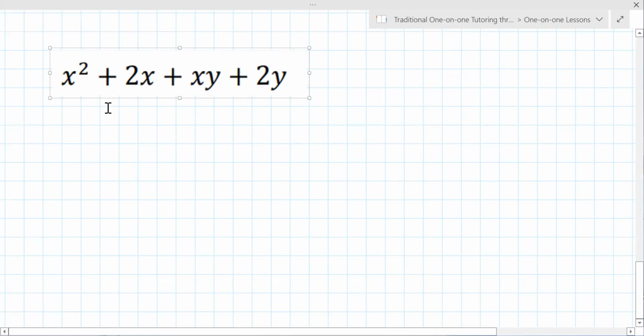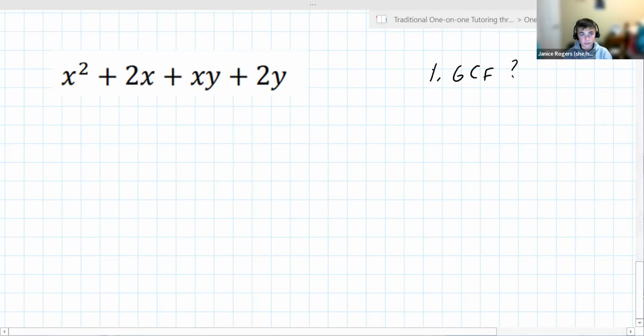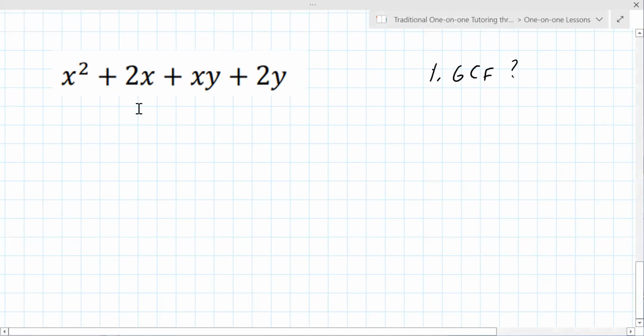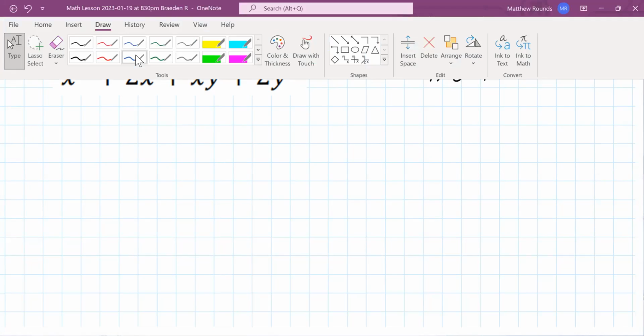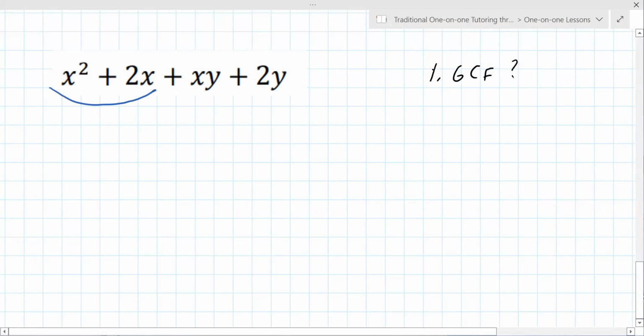Okay, so this is a factor by grouping problem. Now I'm telling you that, but if you didn't know that, you would look at this and say, oh, it's got 1, 2, 3, 4 terms in it. That's one of the giveaways that it's factor by grouping. Is there a GCF in this problem? No, there is not. So you start by looking at the first two terms here.